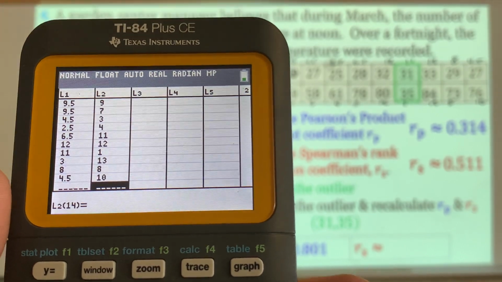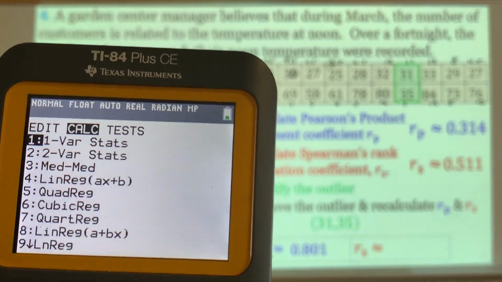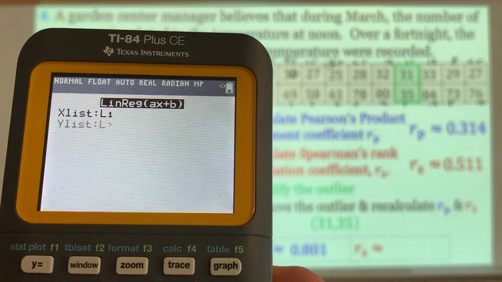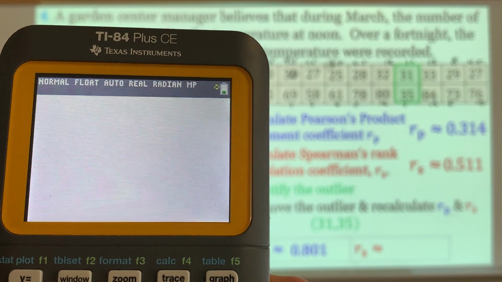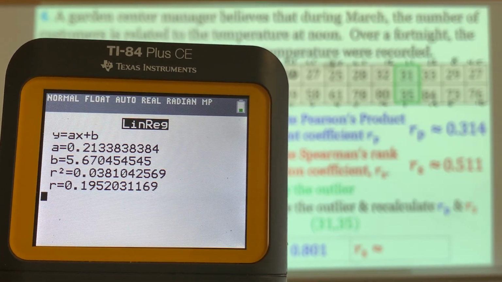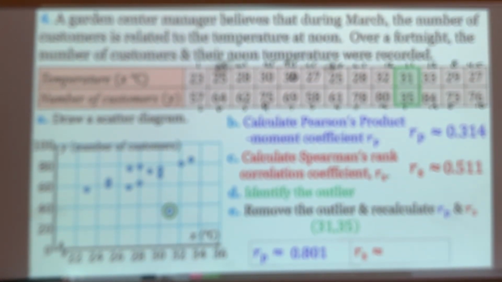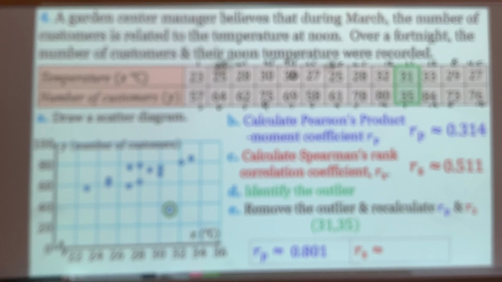All right, ready? Stat, calc. That's no bueno. Stat edit. I just hacked up this whole entire lesson. 2.5, 6.5, 9, 9, 4, 2.5, 6.5, 12, 11, 13.